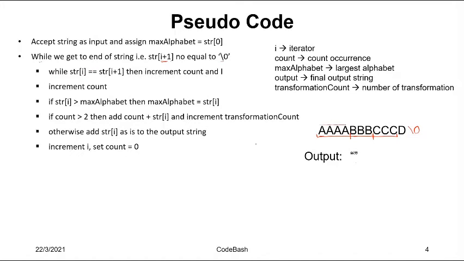So here, I is pointing to this a first, so basically zeroth location of the string, and it is checking if the character at the I th position is same as that in the I plus 1th position. If both these characters are same, then we have consecutive characters. So we increment count. So first count was 0, then if this is same, count becomes 1, then again I moves forward.